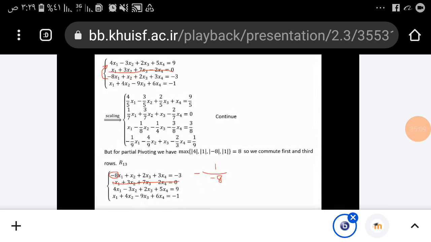It is less than or equal to 1. For the third row, minus 8 will be in the denominator, 4 on top, and minus for all this factor.